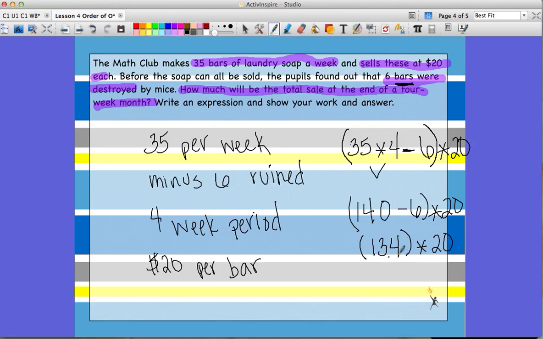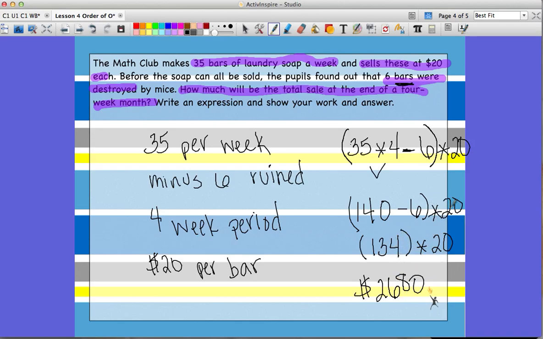So that's my total number of bars. Now I can find my total sales by taking that 134 bars times the $20 that we sell them for a piece. And that is going to give me $2,680.